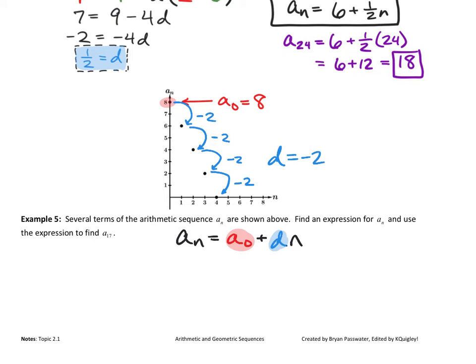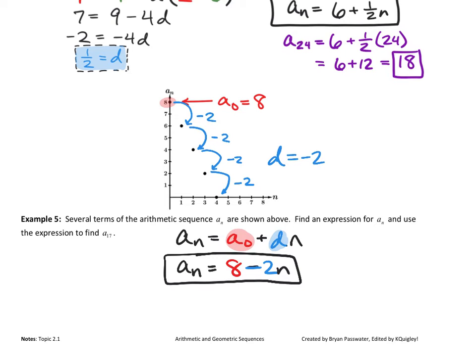So my equation gets much easier to write when I'm given the y-intercept, the initial value. That means this is 8 minus 2n. Does that make sense? Why we did not have to use the longer version of the equation for the sequence? We were given the initial value, so we can use the shorter version.